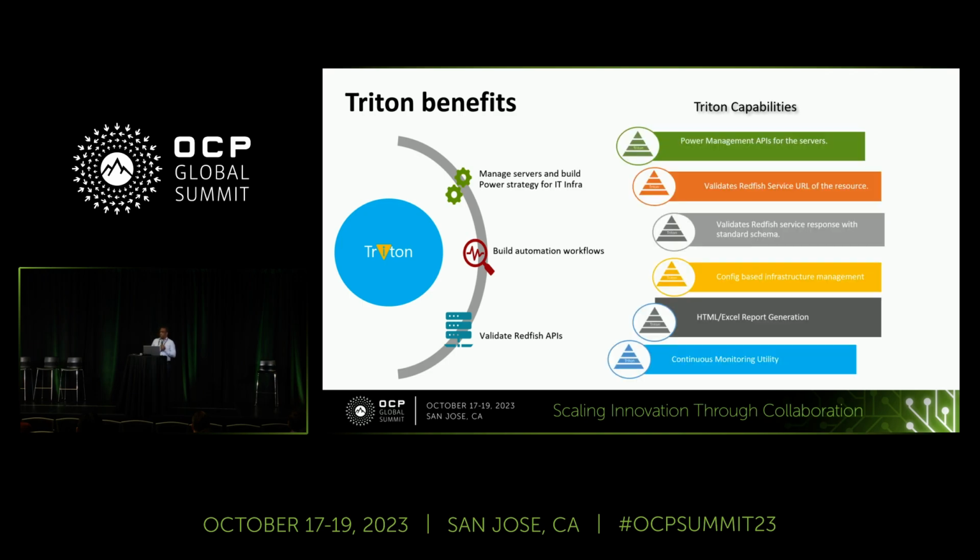Some of the key capabilities of Triton: it has APIs which help you provide power consumption reports, we are able to validate the Redfish URLs, and we are able to find the response of the Redfish calls. It gives you a configuration where you can configure multiple servers' information, and you can customize exactly how you want to look at the Triton report, which provides an extensive HTML and Excel based report that can be used to generate more insights.